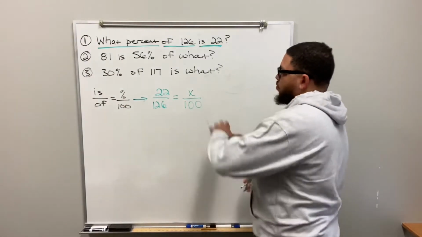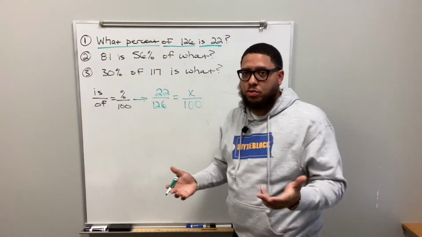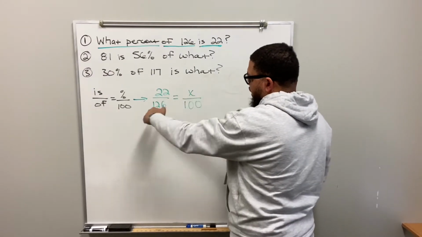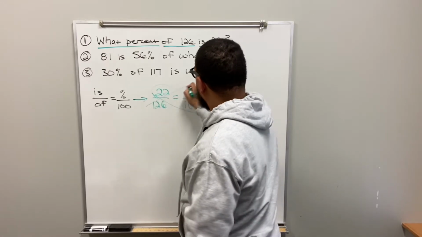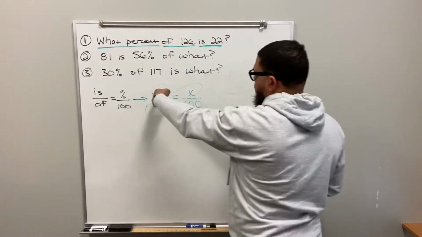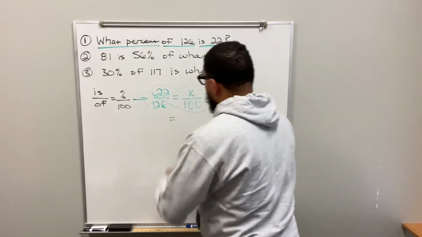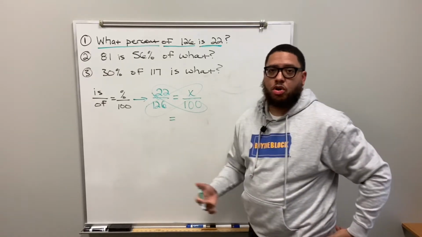Now, once I have this proportion set up, I cross multiply and I divide. It's really only 2 more steps. I cross multiply, diagonal and diagonal. 22 times 100. I can put that on the left side. Right now, we're using something called the cross product property.